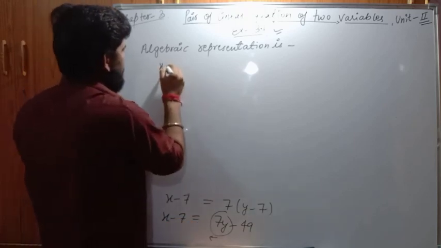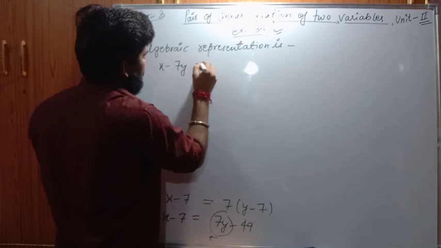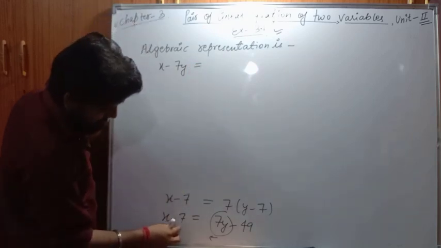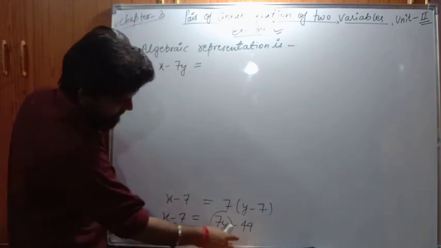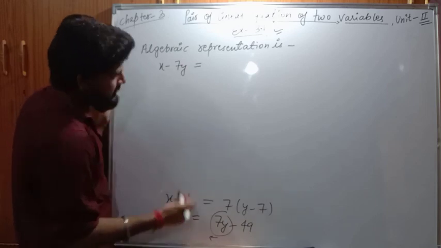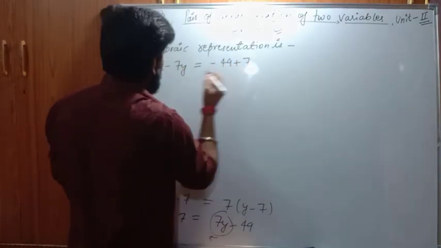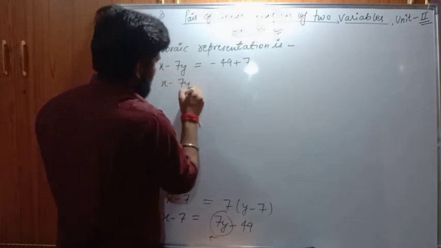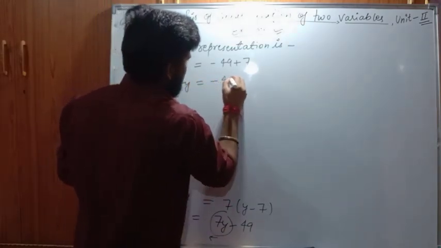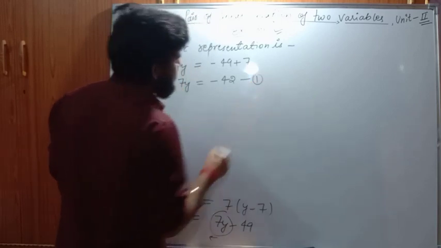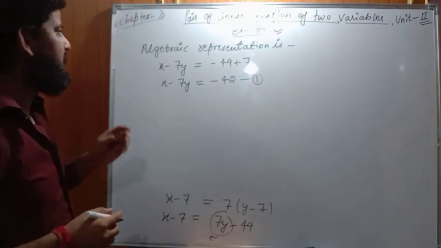So x minus 7y equals, if we transfer minus 7 from LHS to RHS, it will go with a positive sign, equals minus 49 plus 7. So x minus 7y equals minus 42. So this is the first algebraic representation.